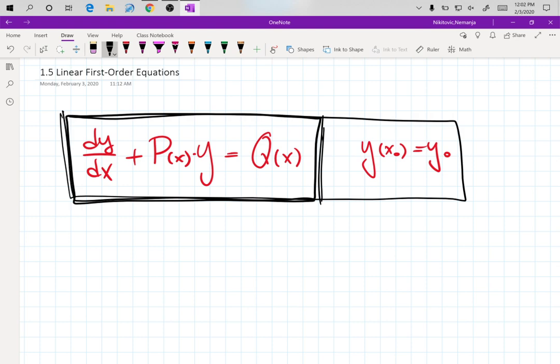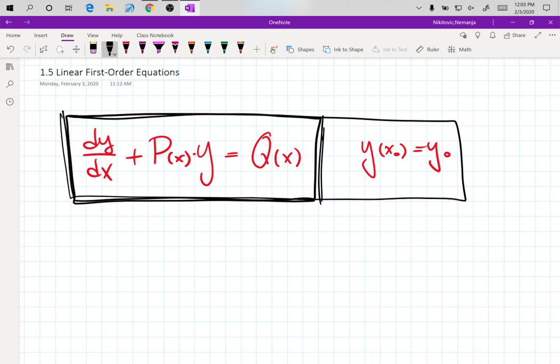It's linear because your dy/dx is not multiplied by any other function. It's just dy/dx. It's first order. And the way to solve this is we are going to use something called an integrating factor.